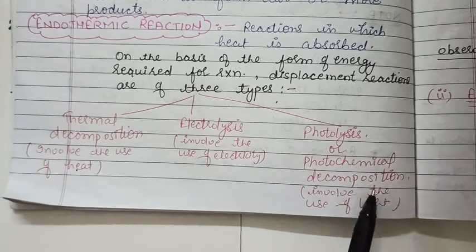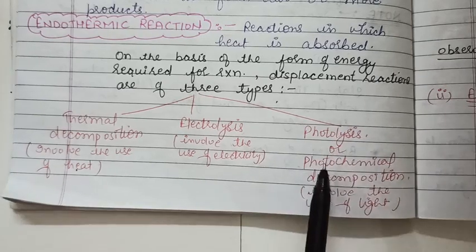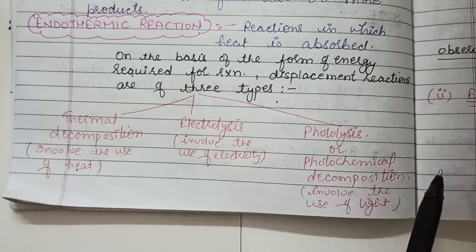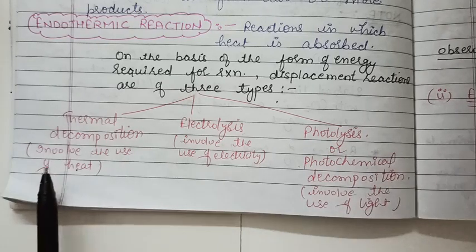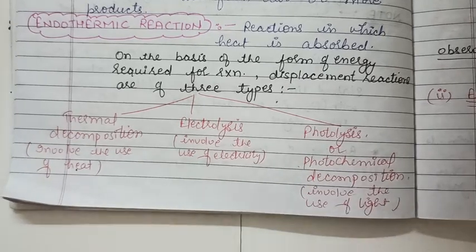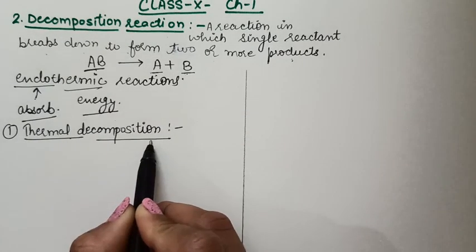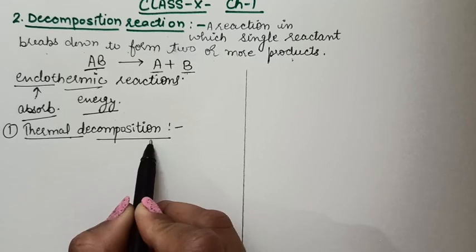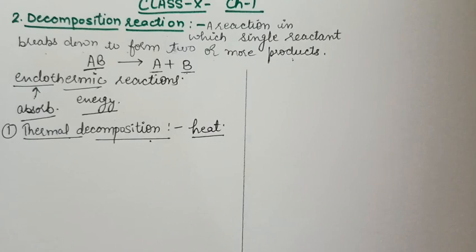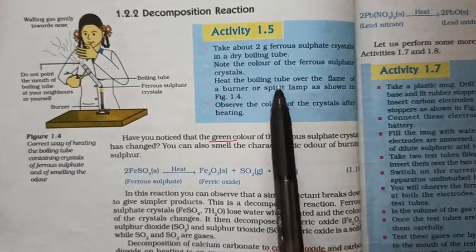If they are using energy in the form of light, then it is called photolysis or photochemical decomposition or photodecomposition. One by one we will discuss all the types of decomposition reactions. The first is thermal decomposition reaction, in which we are giving energy in the form of heat.